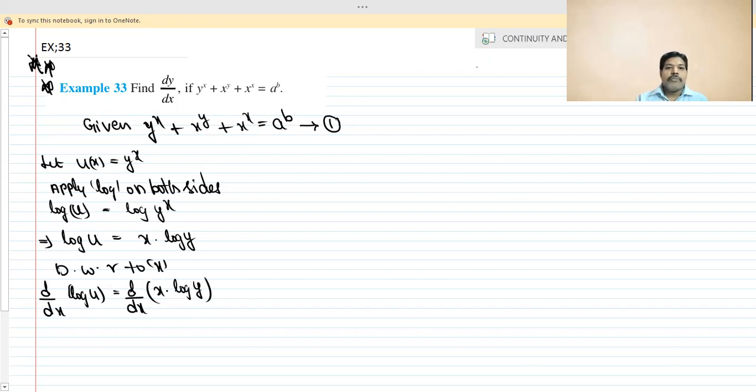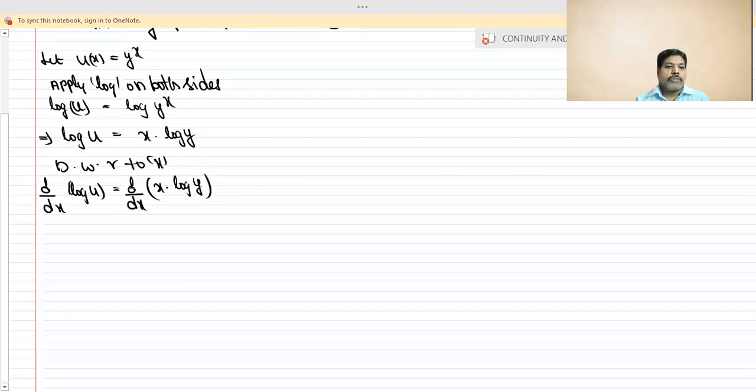Here the derivative of log u is 1 by u into du by dx. Why? Because the derivative of log f of x is 1 by f of x into f dash of x.